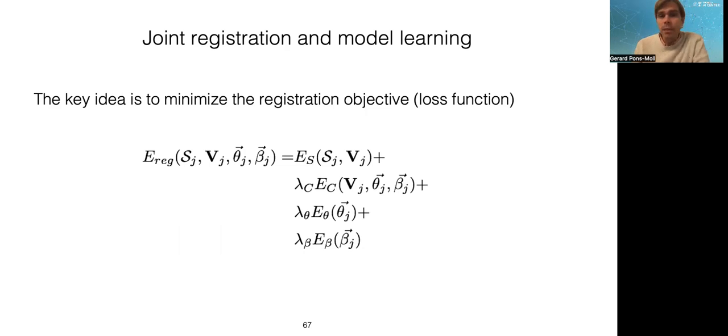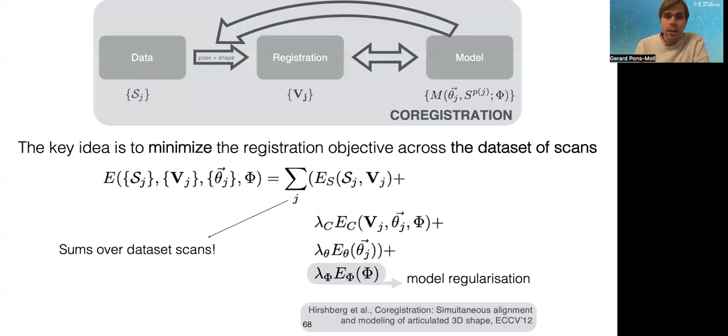The key idea is to minimize the registration objective, what you can see here, not for a single registration, but over a training data set of scans. So essentially, we now have a minimization of registration objectives across the data set of scans. Notice this summation here sums over the different scans in the data set, and we're solving for this registration objective.